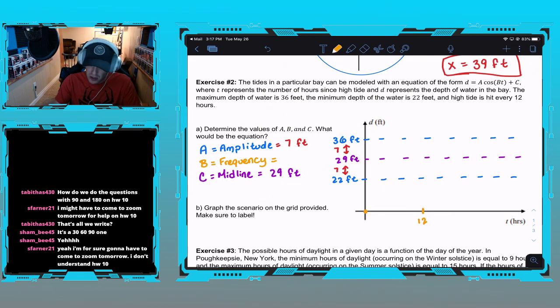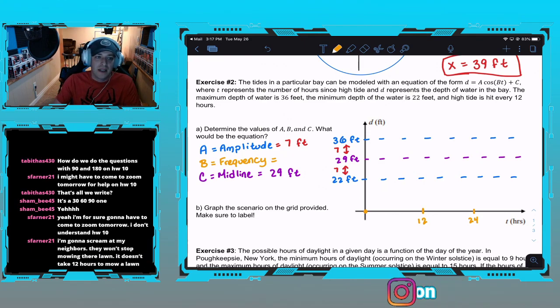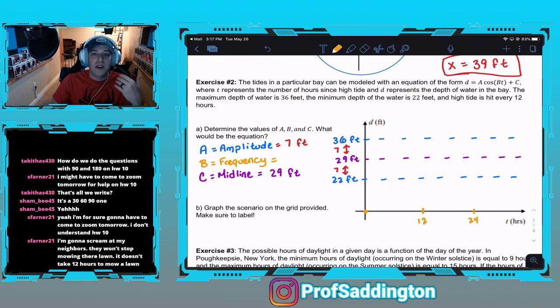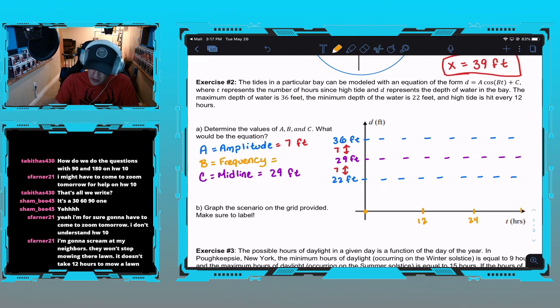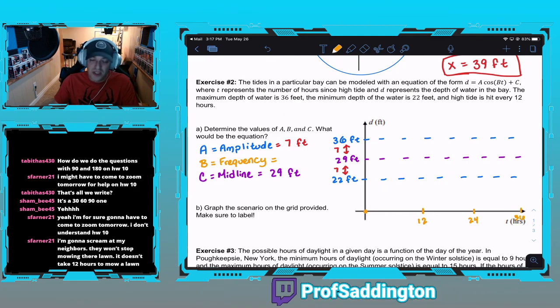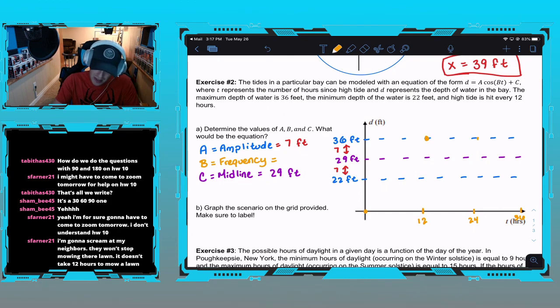If I go another 12 hours, I'm going to be at 24. That means it's going to be at high tide again. I can go another 12 hours. If I went all the way to 36, once again, that is high tide.